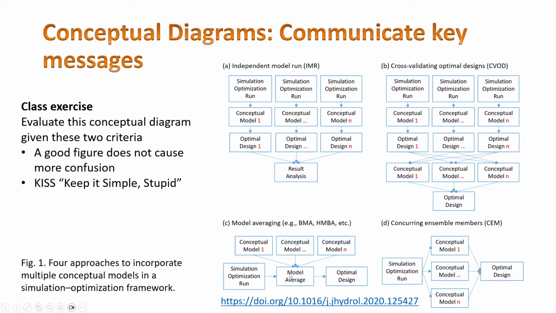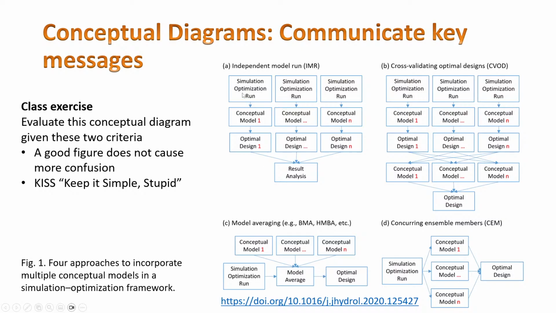Another way: I have several models, and I could average these models and then run my optimization on this average model. This is called model averaging. And then comes considering ensemble members: I have different models, and I run the optimization on all of them, trying to find one design that will satisfy all of them. That would be my optimal design.